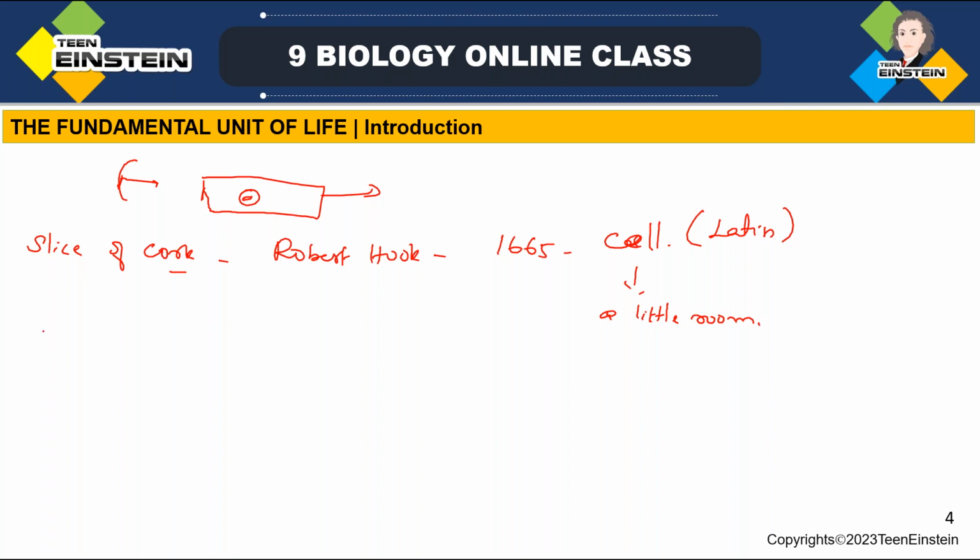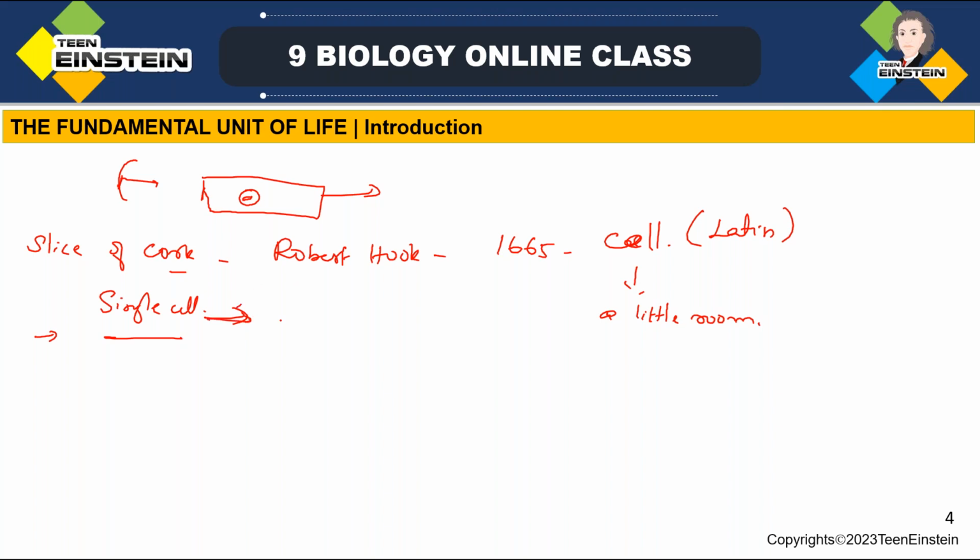Another thing is the invention of magnifying lenses, which led to the discovery of the microscope. Then we learned about the single cell and its importance. One single cell can perform everything, all the main functions.